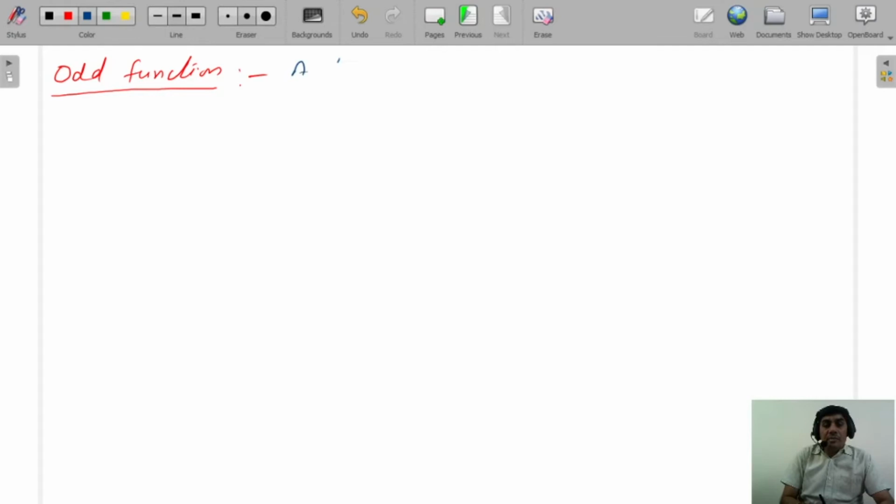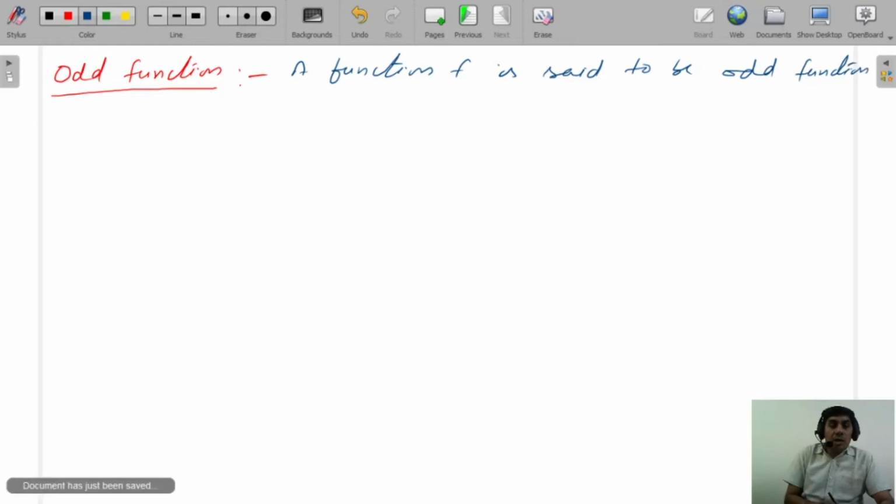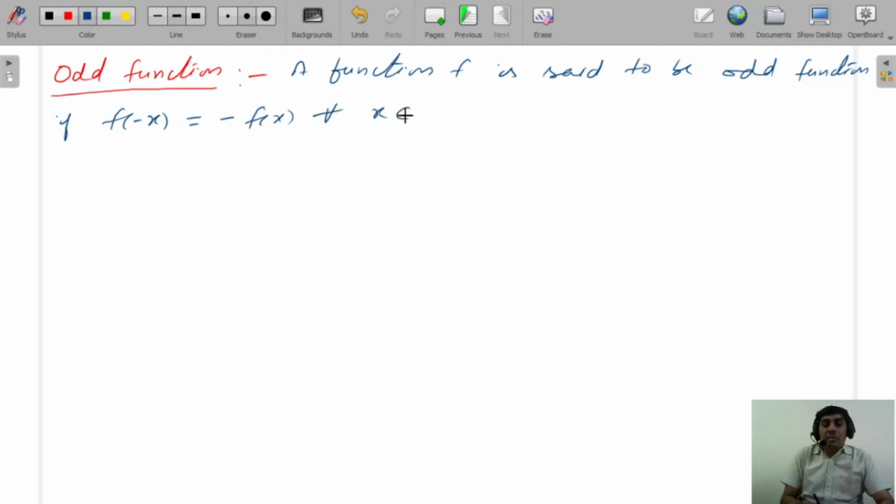A function f is said to be an odd function if f of minus x is equal to minus f of x for every x belongs to the domain of the function.